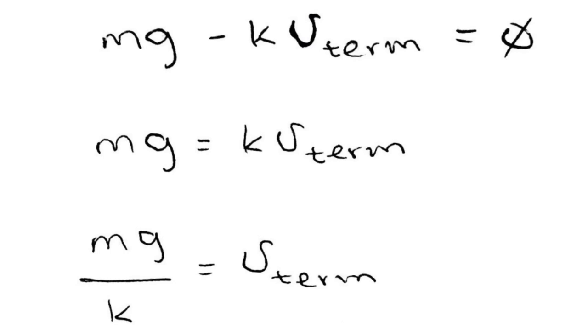If you multiply a smaller mass by the same gravity and divide it by the same viscous term, the terminal velocity is smaller, because the mass is smaller. Hence, the larger the object, the more terminal velocity it's going to have. So that's exercise 3.